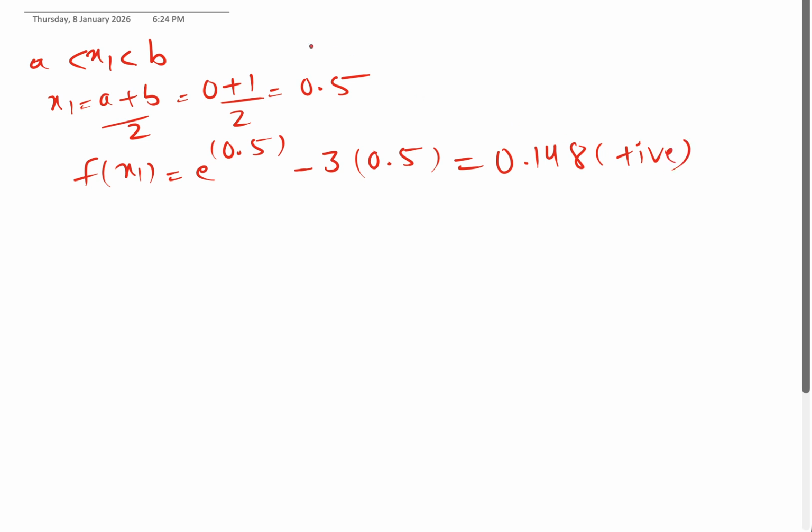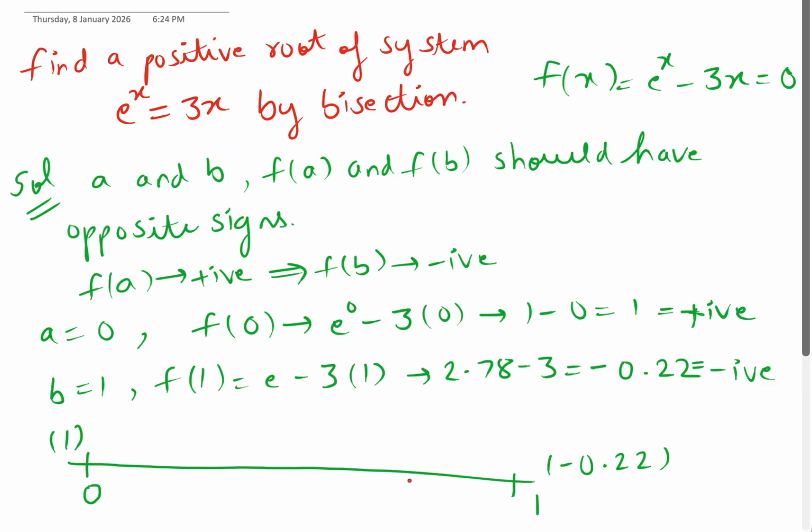So if I go back to the previous screen, here I have found x1, and its value is 0.148. So where will be 0?